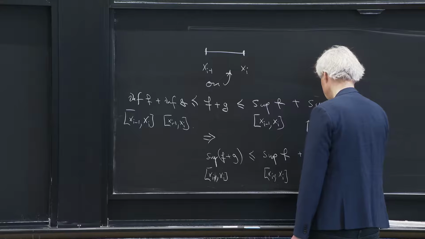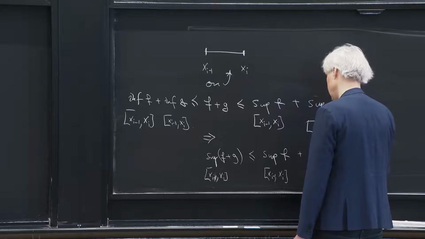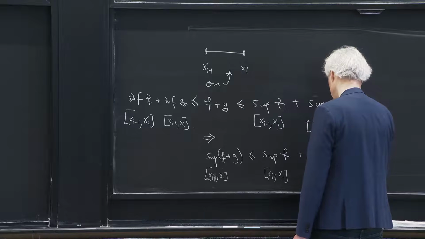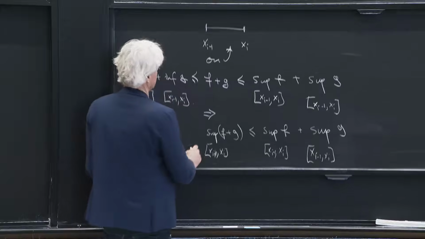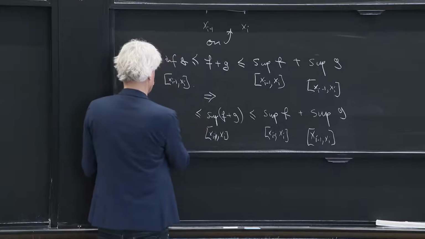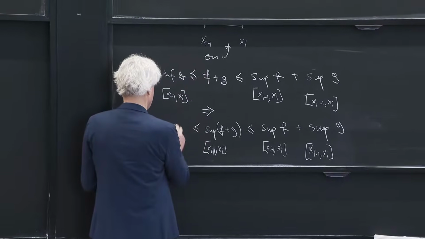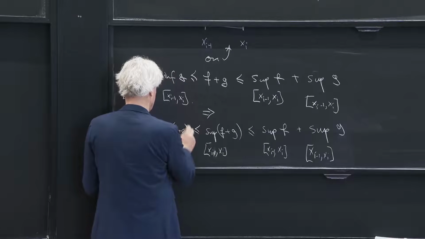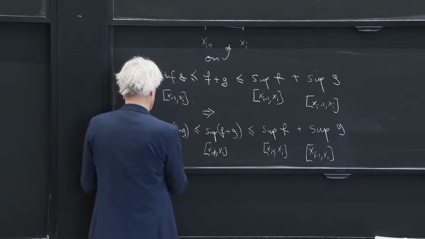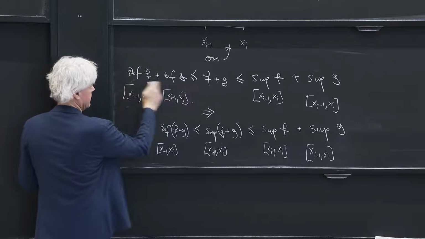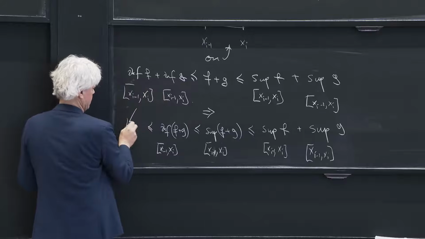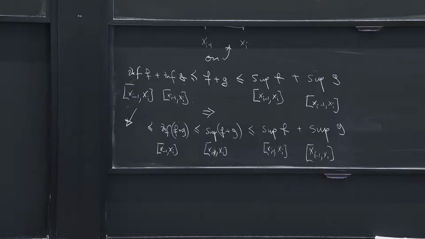And likewise for the inf: this thing is clearly bigger than or equal to the inf of the sum of the two on this interval, and that is, of course, bigger than this sum here.